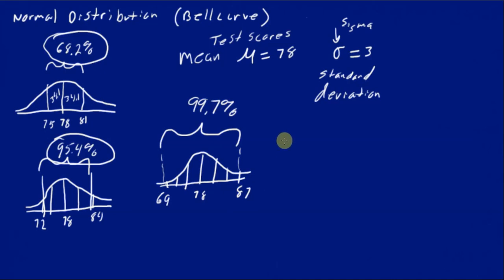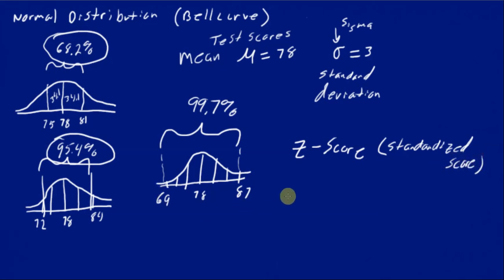All right, so this is all new to you, I think, and we're going to now talk about something called a z-score, or sometimes referred to as a standardized score. And you'll see why we need this.